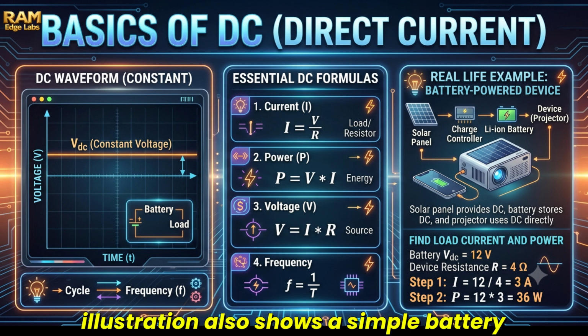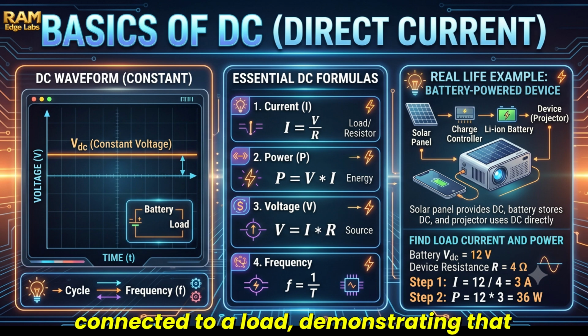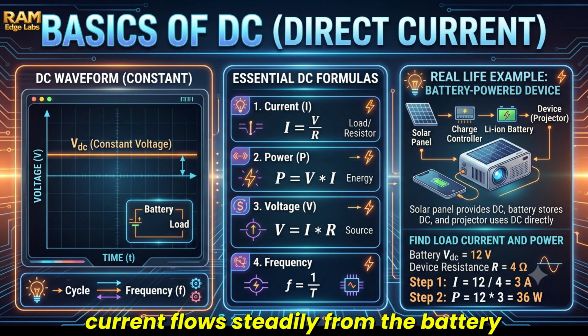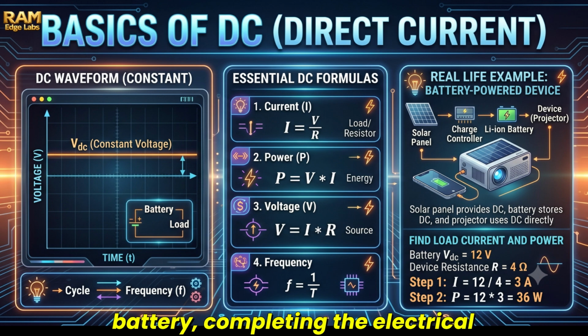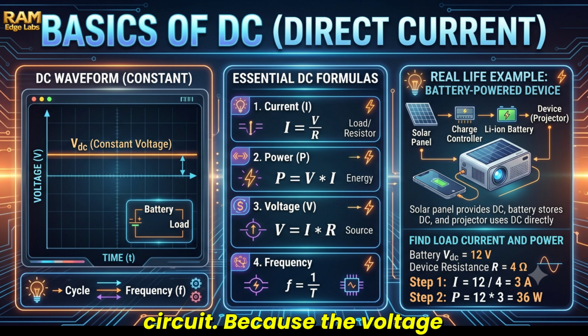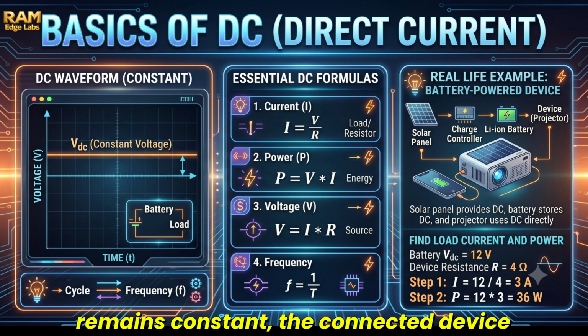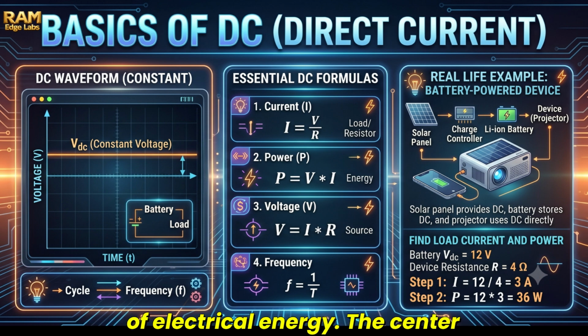The illustration also shows a simple battery connected to a load, demonstrating that current flows steadily from the battery through the load and returns to the battery, completing the electrical circuit. Because the voltage remains constant, the connected device receives a continuous and stable supply of electrical energy.